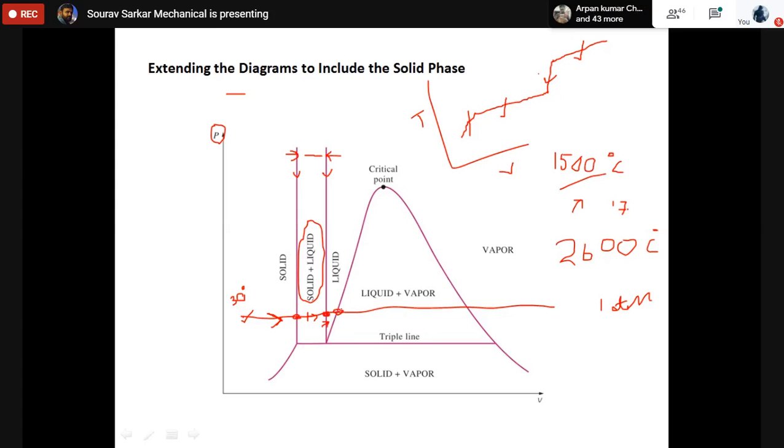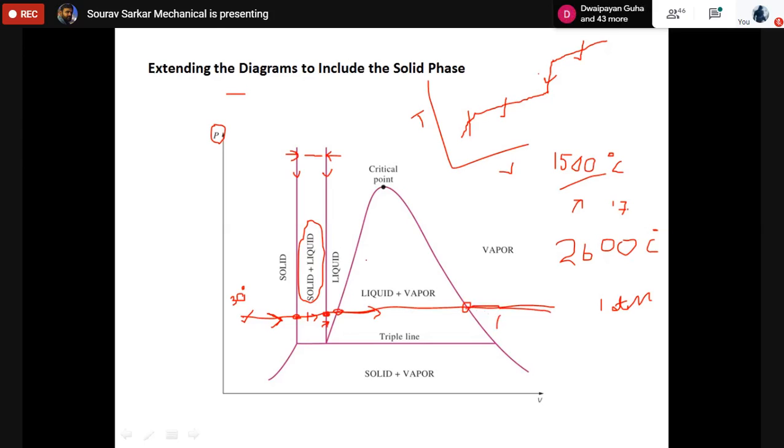After that the boiling will start. We know that during the boiling process the temperature will remain constant. After reaching this part, the liquid metal, or the liquid iron, is completely converted into vapor, and if we further heat, it will become superheated.